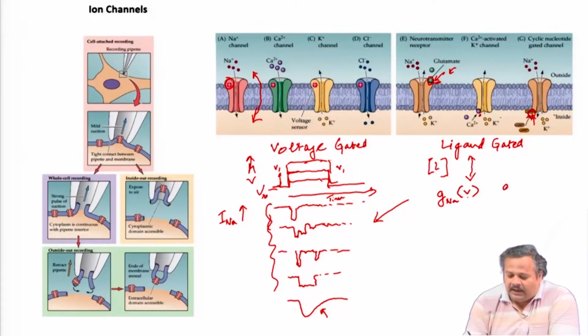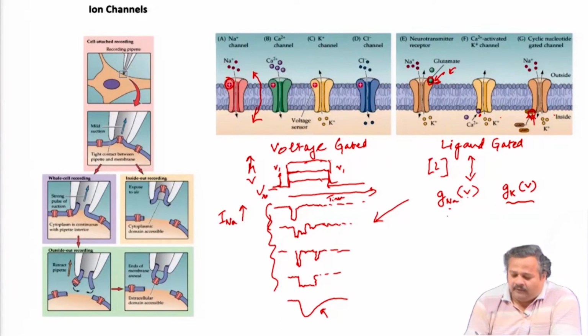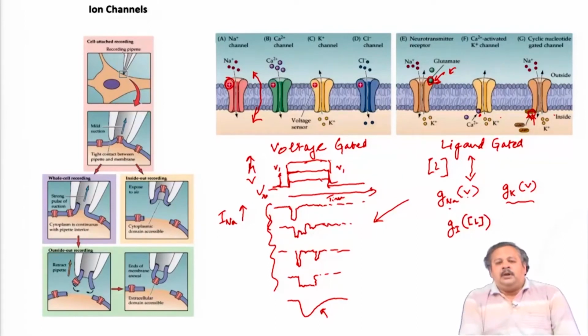Similarly, any other ion, let us say G_K, will also be a function of V, where V is the membrane potential, and these will be mainly empirically determined, as we will see, through measurements of the kind that we have shown here. Similarly, for the ligand gated case, it is G of some other ion as a function of the ligand concentration, and so on.